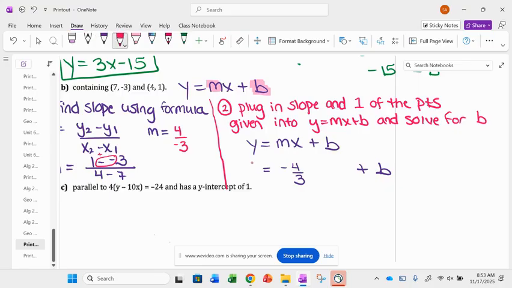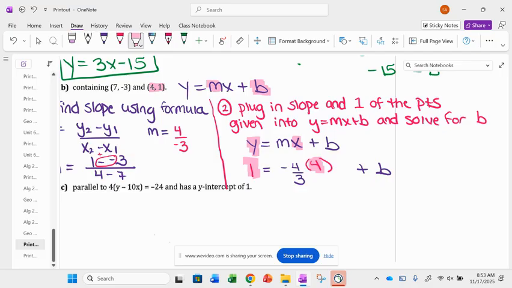So I'm going to have 1 is equal to negative 4/3 times 4 plus b. Everybody okay with what I've done so far?